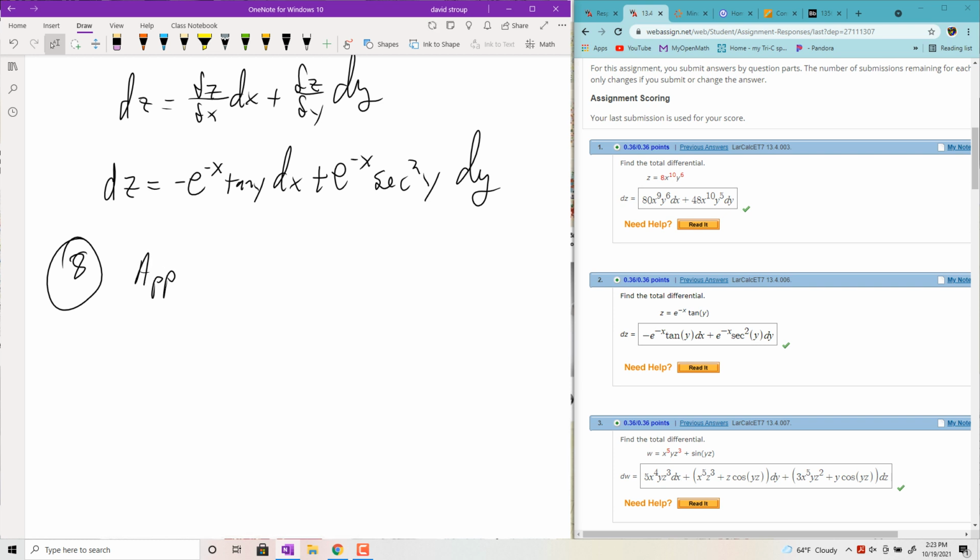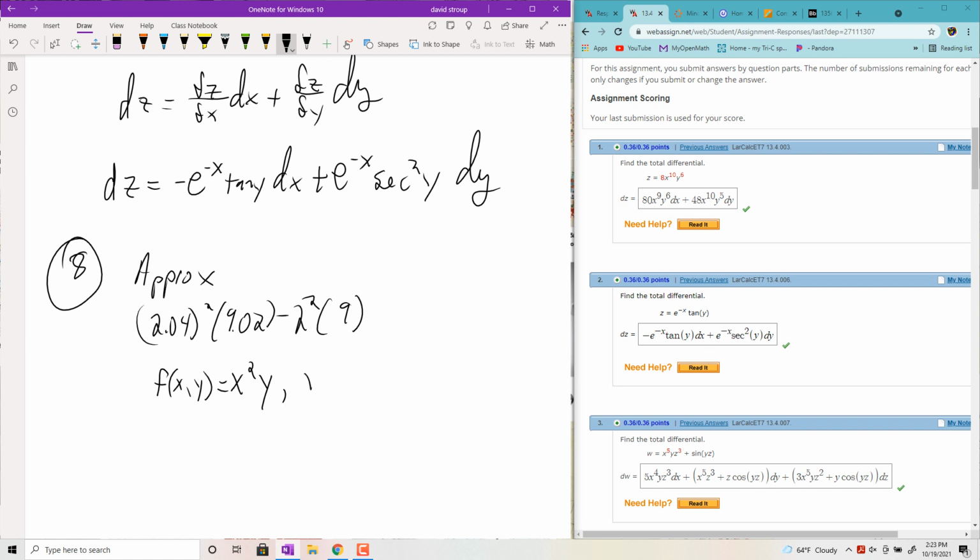You want to approximate 2.04 squared times 9.02 minus 2 squared times 9. So you use a total differential to get your approximation, but what is the function that we're dealing with, our z function, or f of x, y function? From this form, it's going to be x squared y.